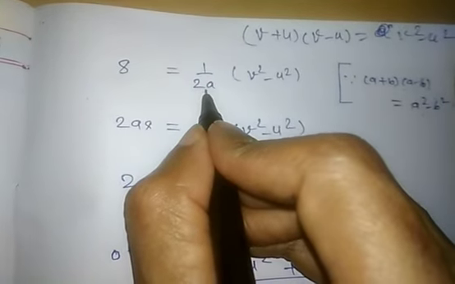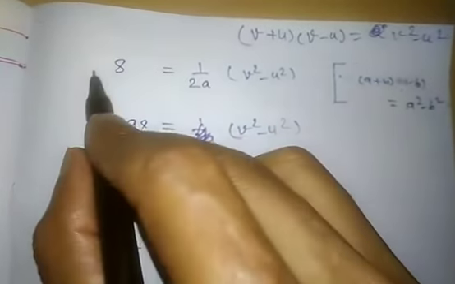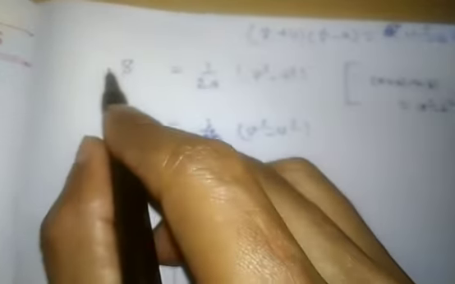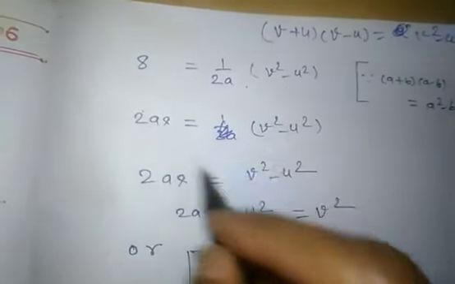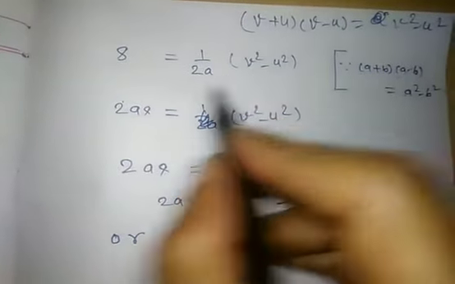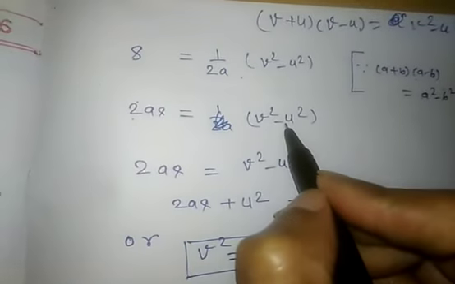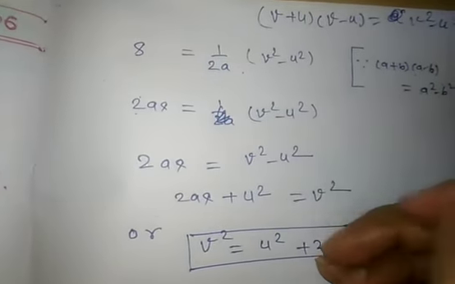Transfer the value of 2a to the left side. This is multiplied by the displacement s, and we get 2as is equal to v square minus u square.